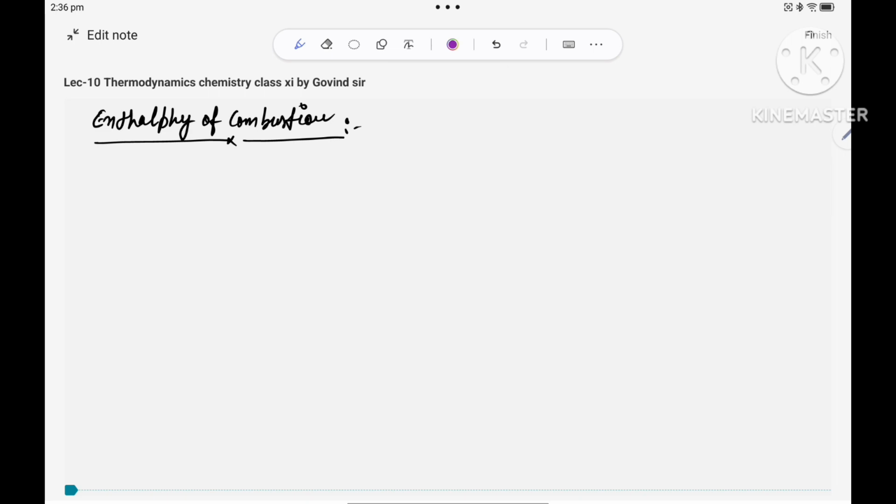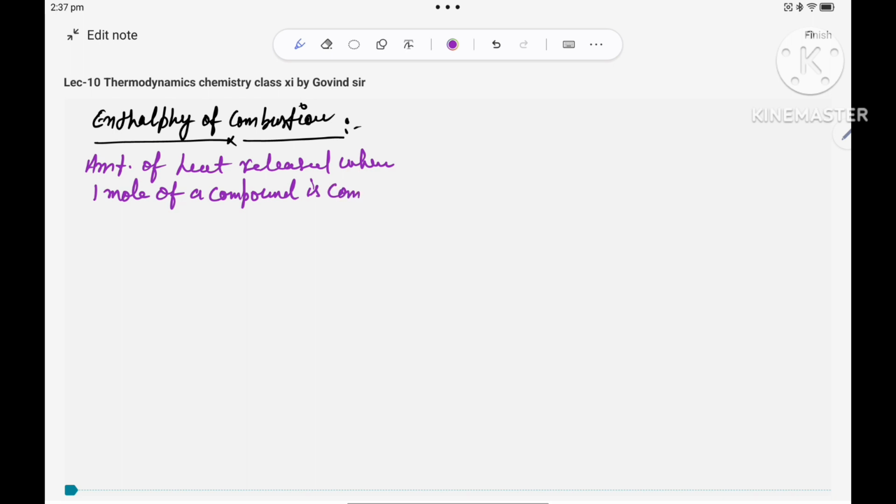The definition is amount of heat released when 1 mole of a compound is combusted in excess of air.